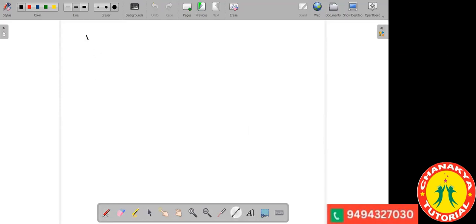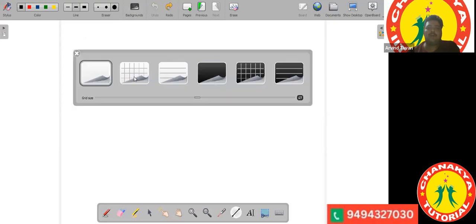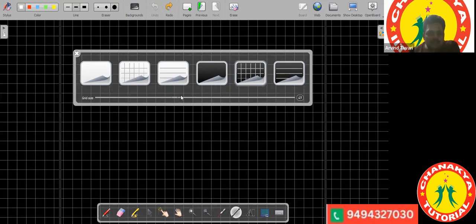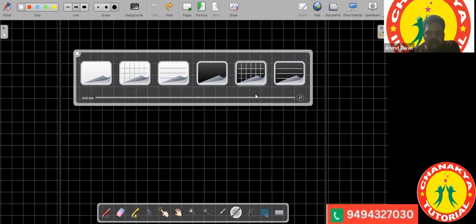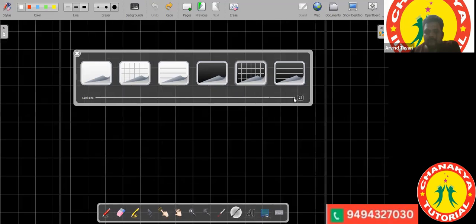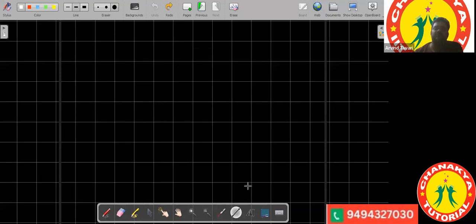So I want all of you to make the Punnett square. Let's make the Punnett square over here.